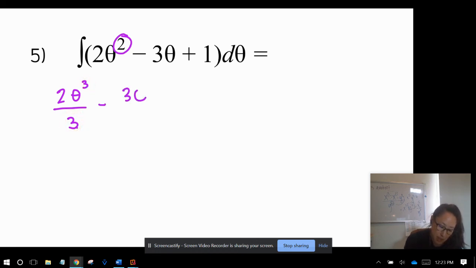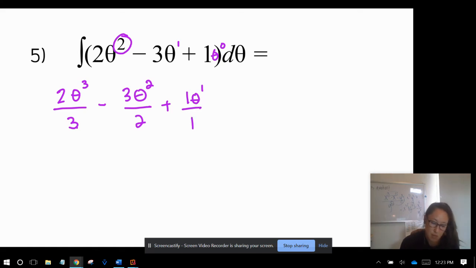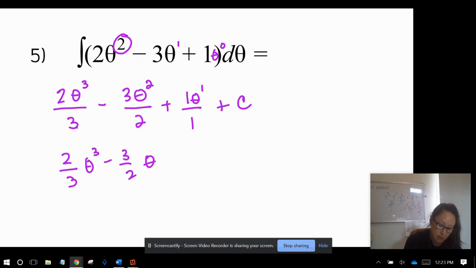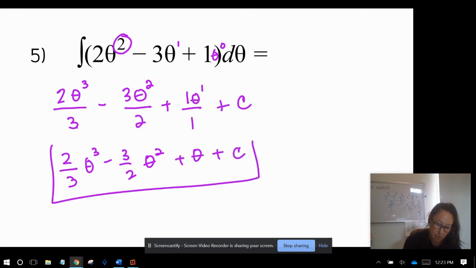Minus 3 theta to the first power changes to the second power over 2, plus this is theta to the 0 power. So 1 theta to the first power over 1 plus c. So just simplify: 2/3 theta cubed minus 3/2 theta squared plus theta plus c.